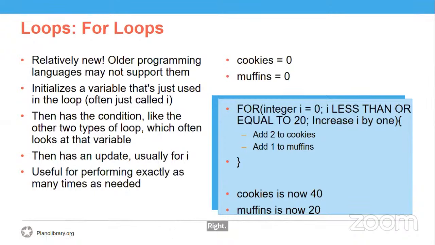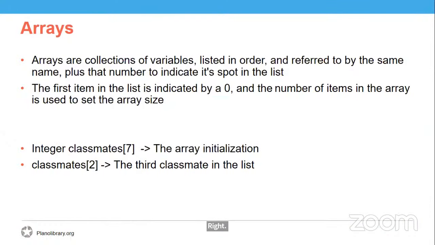we get to talk about arrays next. Arrays are collections or lists of variables. It's listed in order, and then all the variables stored in the array can be referenced with the name of the array, plus the number to indicate its spot in the list, or the variable's number in the order.